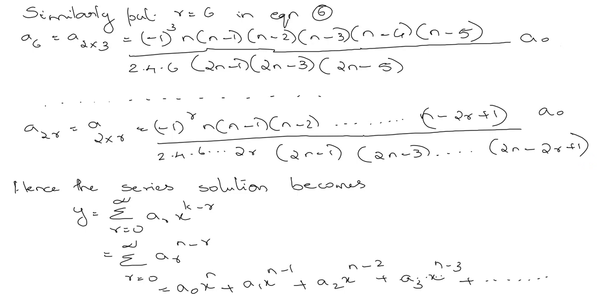So now you can write the series solution which is y is equal to sigma R is equal to 0 to infinity AR into x raised to k minus R. Here we have taken the case k is equal to n.